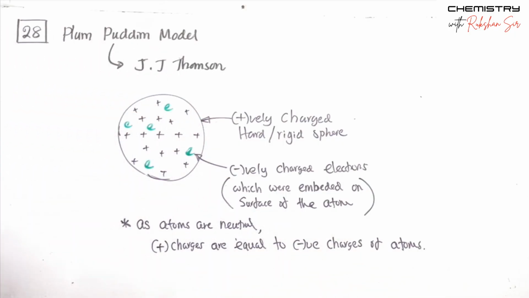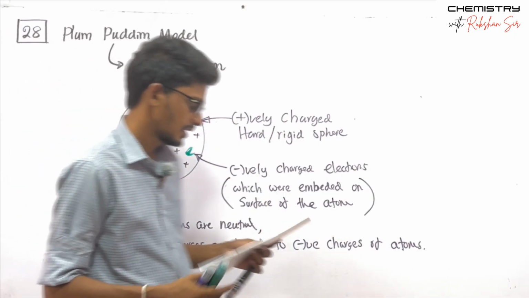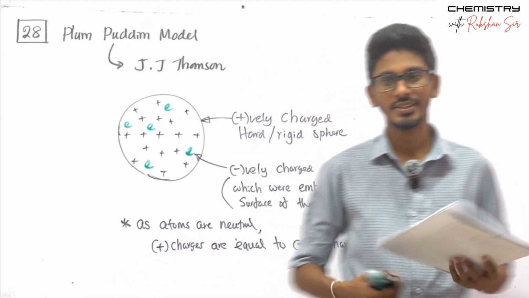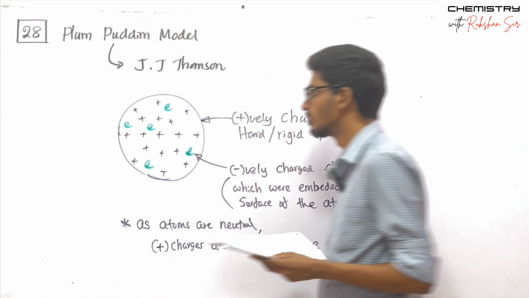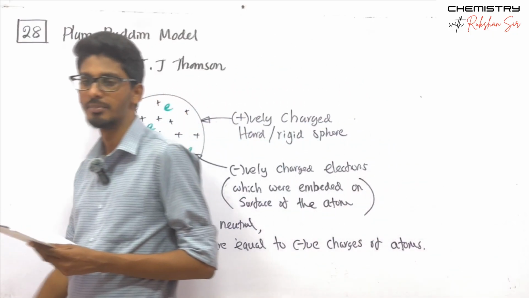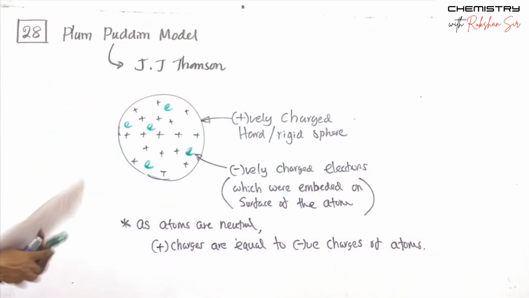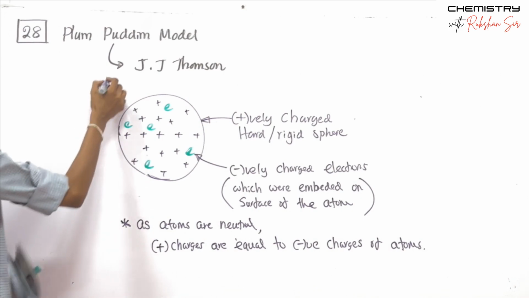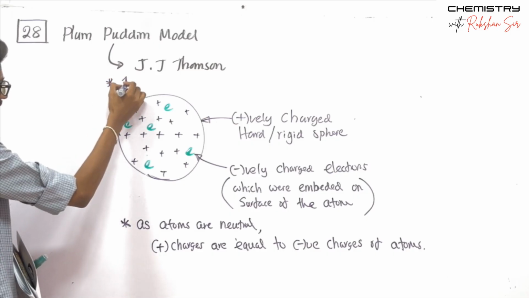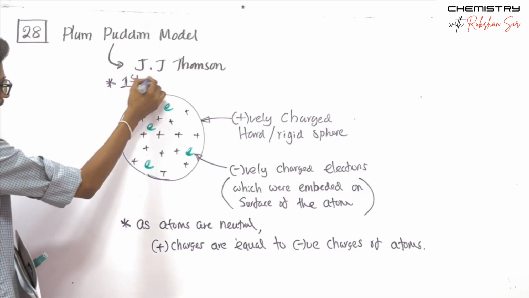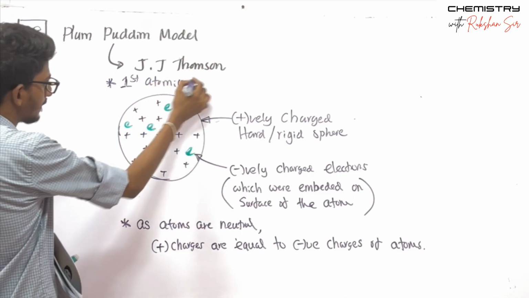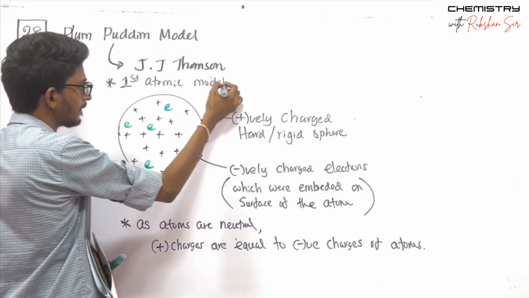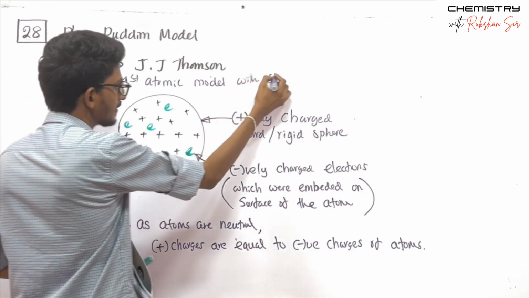So that is also said by J.J. Thomson when he put forward this plum pudding model. This is the first atomic model with subatomic particles.